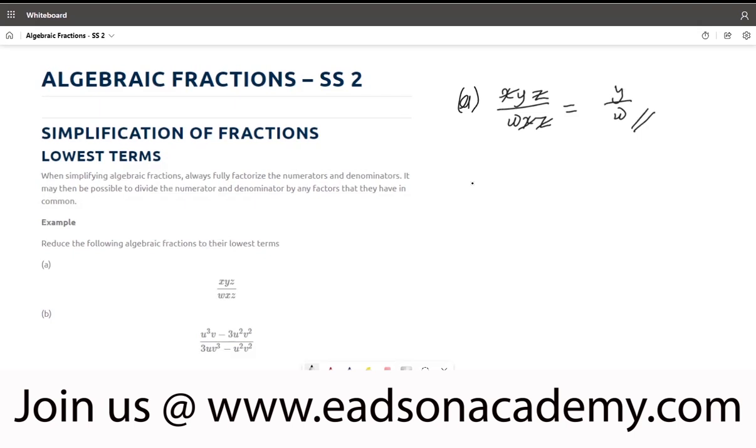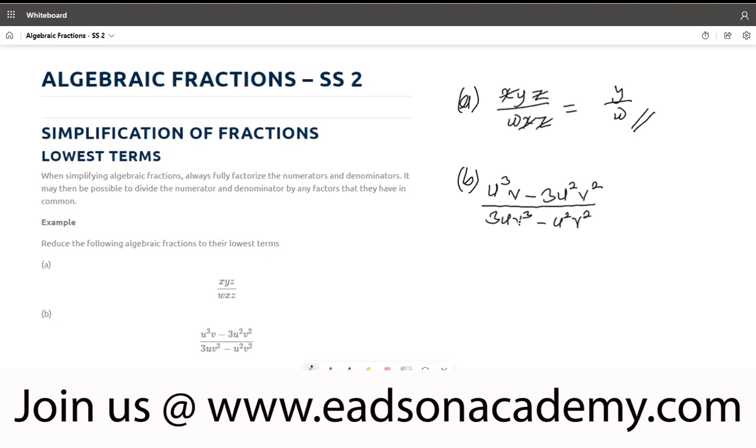That is question A. Then question B, I have u cube v minus 3u square v square over 3u v cube minus u square v square.